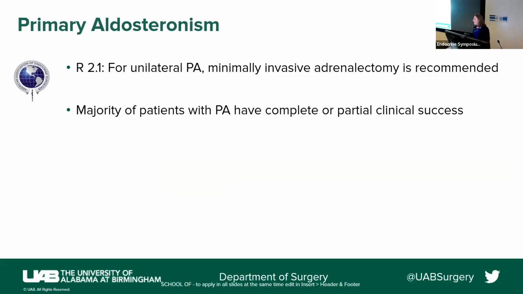But if you do manage to secure a diagnosis of a unilateral source for aldosterone, then a minimally invasive adrenalectomy is recommended, as the majority of patients with primary aldosteronism have either complete or partial clinical success, and we define that similarly using the PASO study criteria.